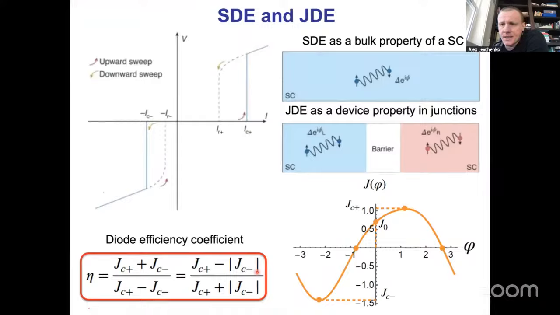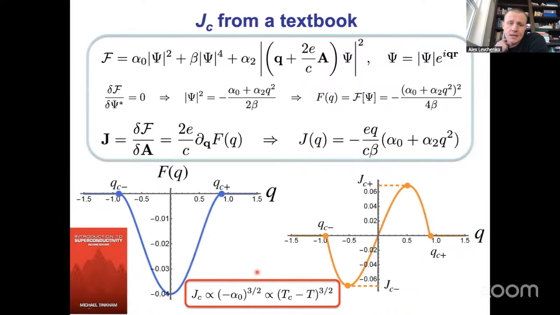So the perfect diode would be when this efficiency is 1, and a good diode would be when this efficiency is as close to 1 as possible. Okay, so these are just definitions. There are many critical currents in superconductors. I will focus my discussion on a particular critical current, which we call a depairing current.